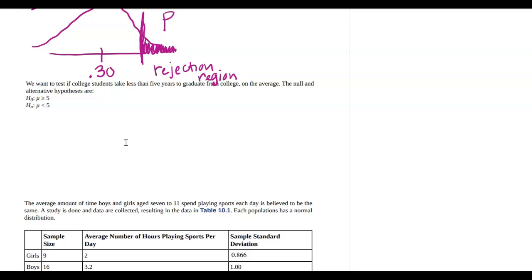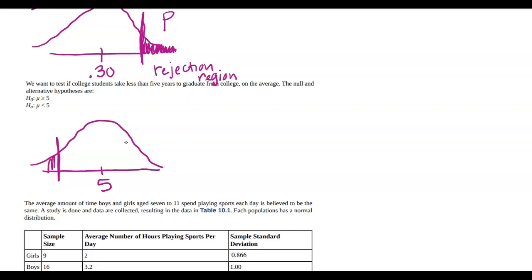Let's say I want to test to see if college students take less than 5 years to graduate on average. Well, that on average means I'm looking at means. I'm going to go out and collect a sample, and I want to know how long it took them to graduate from college. And I'm trying to prove that this is significantly less than 5. So this would be a left-tailed test.